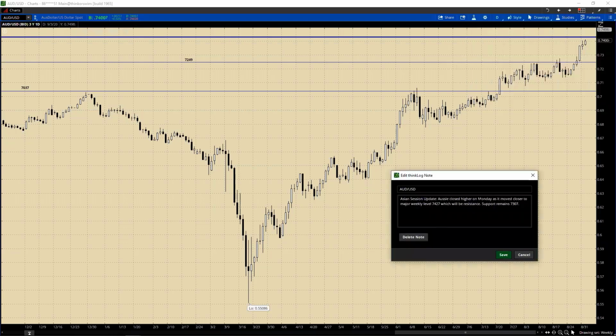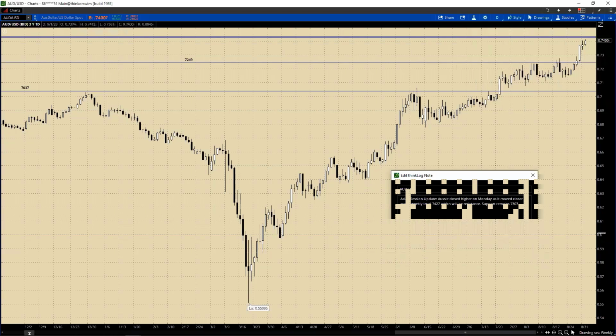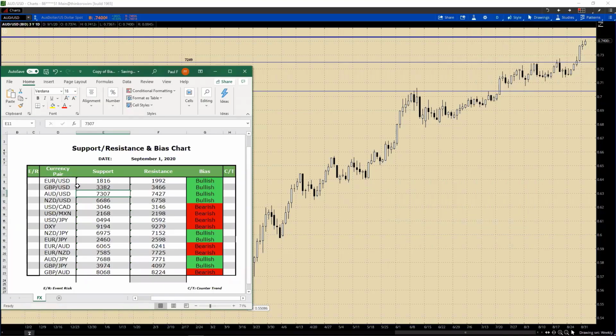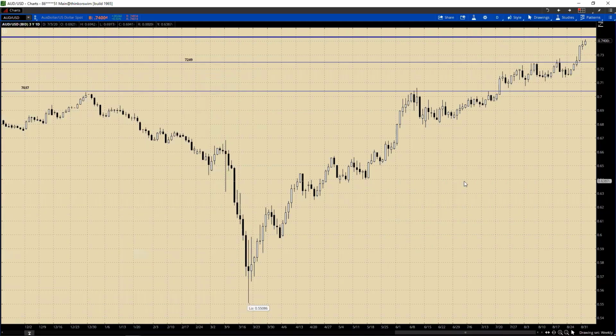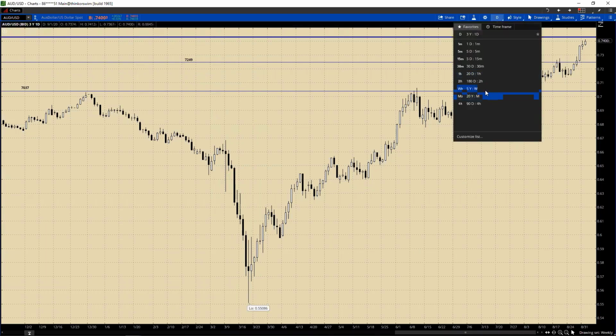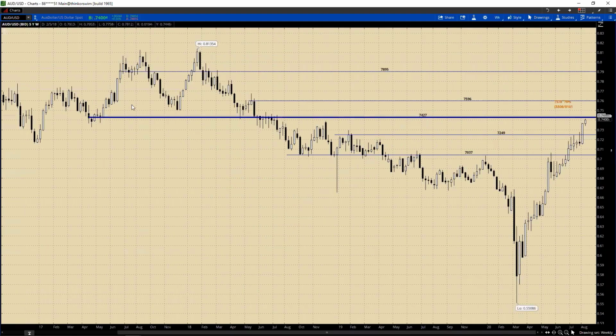So the Aussie closed higher on Monday as it moved closer to the major weekly level of 74.27, which will be resistance. Support remains 73.07. So 74.27, and this can remain the same right here. And as I said, if you take a look at the weekly, you can see 74.27 is huge.